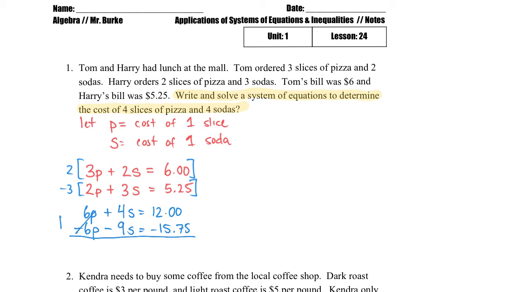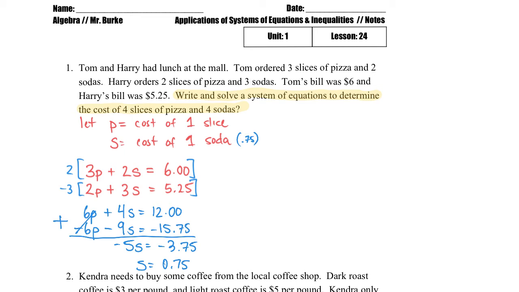This is going to eliminate when I add these together. -5S equals -3.75. And so the cost of a single soda is going to be 3.75 divided by 5, and what that comes out to be is 75 cents. So what I like to do is write that up here now. We now know that this is 75 cents. There's a little note.